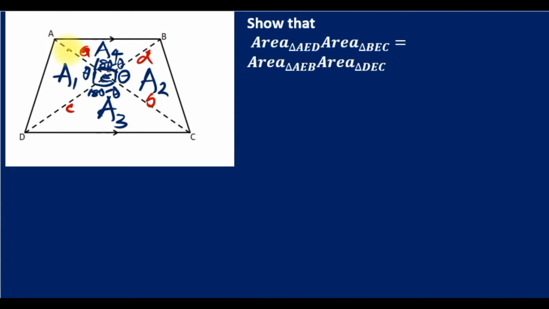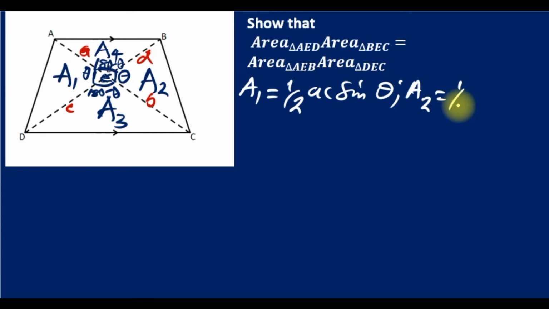So as you can see, we have SAS triangles here, so we find the areas. A1 is half AC sine theta. Do you remember? The area of a triangle given two sides and an included angle. A2 is half BD sine theta.